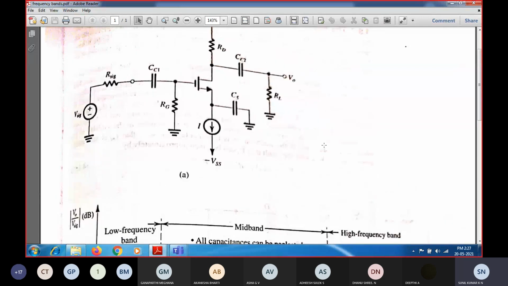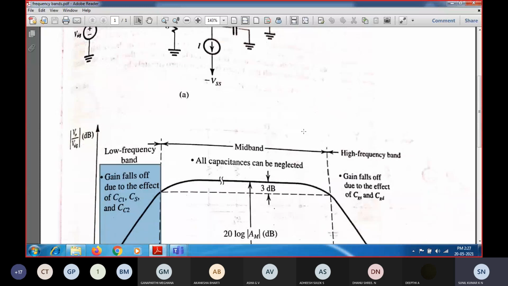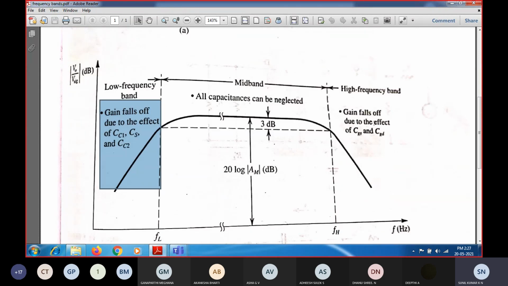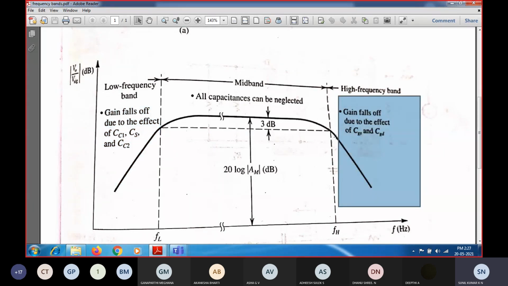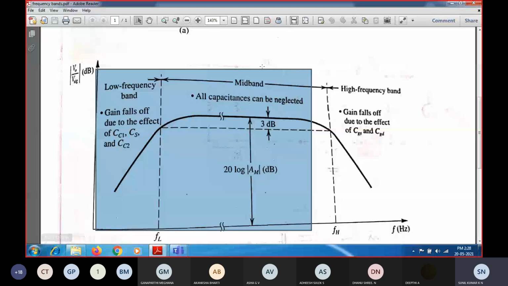At high frequency, the terminals act like capacitances because of the variation in potential between the three terminals, and that capacitive effect has to be considered when operating at a high frequency range. So the gain rolls off at the higher frequency because of these internal MOSFET capacitances, which are usually absent during the lower frequency range of operation but become active.